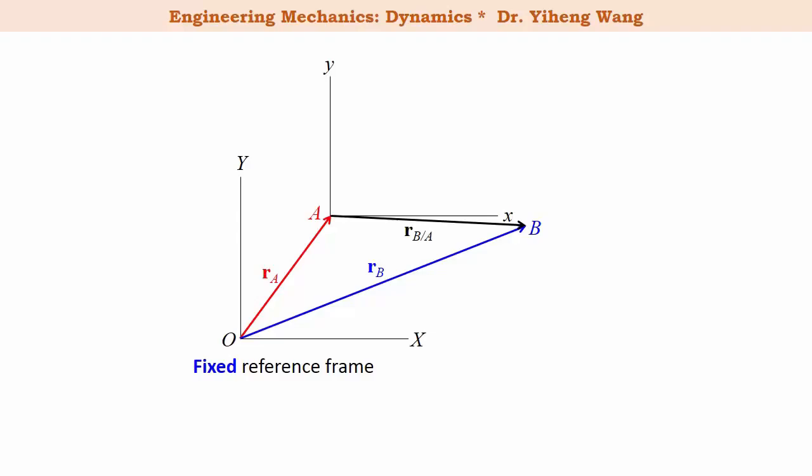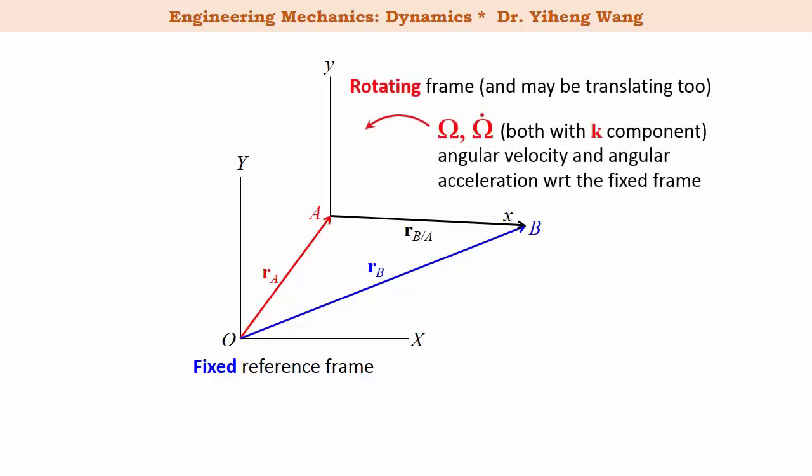So now let's revisit this scenario, and for simplicity, let's focus on a 2D plane only. This time, the moving coordinate system, represented by the lowercase letters x and y, is rotating with angular velocity omega and angular acceleration omega dot with respect to the fixed frame. Notice that the moving frame could be translating at the same time as well.